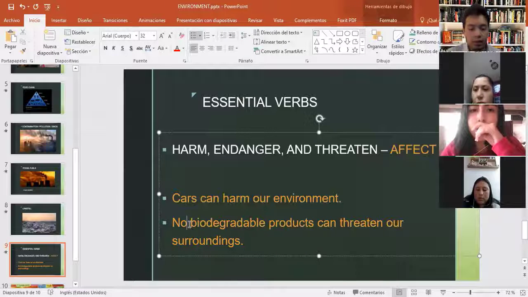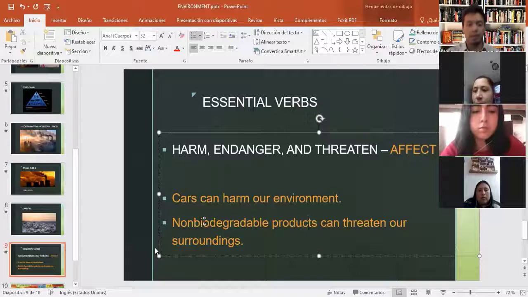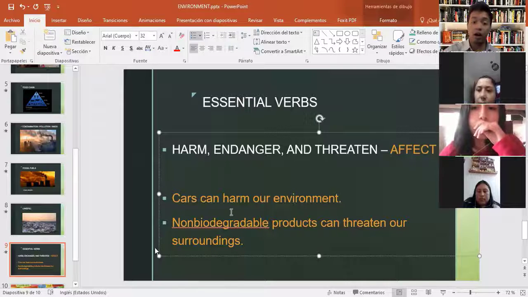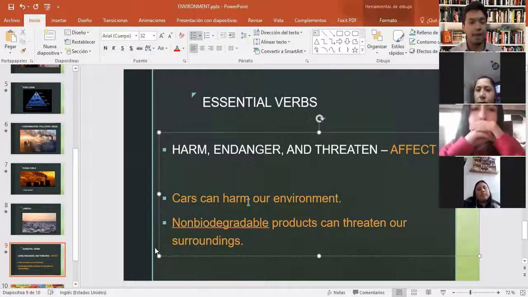No, this is not correct. It is like this. Okay, non-biodegradable products can threaten our surroundings. Right? So those are examples. So what does it mean? That non-biodegradable products can affect our surroundings, or cars can affect our environment. All right, so affect, harm, endanger, and threaten.